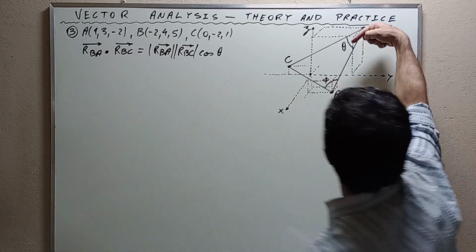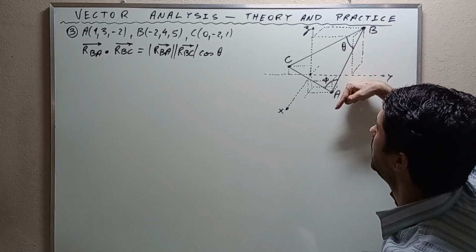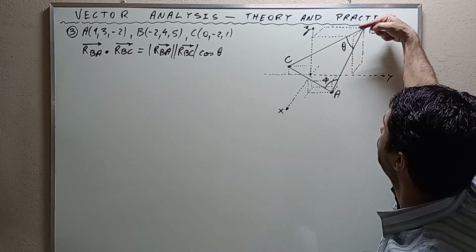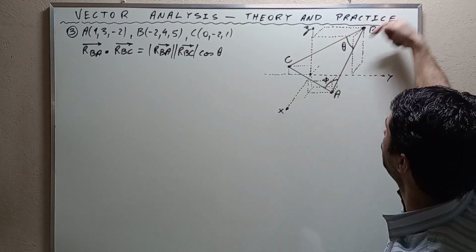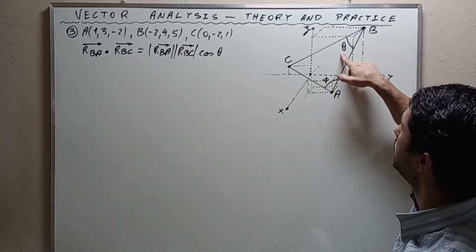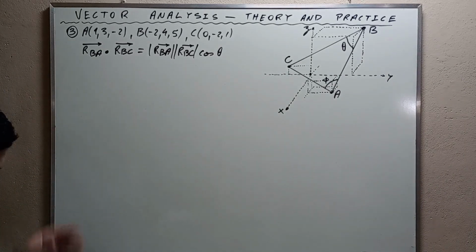R_BA points from B to A. R_BC points from B to C. And the angle between these two vectors is theta. Alright?